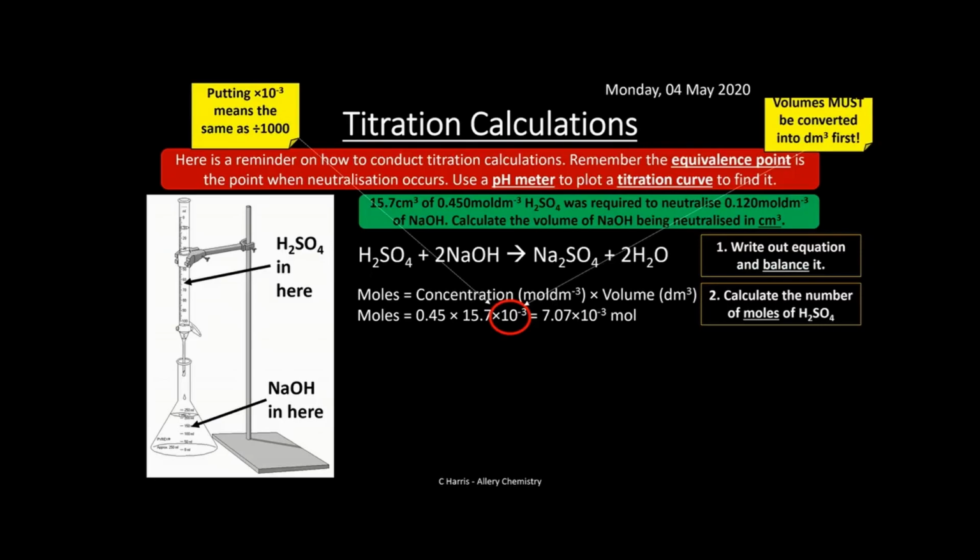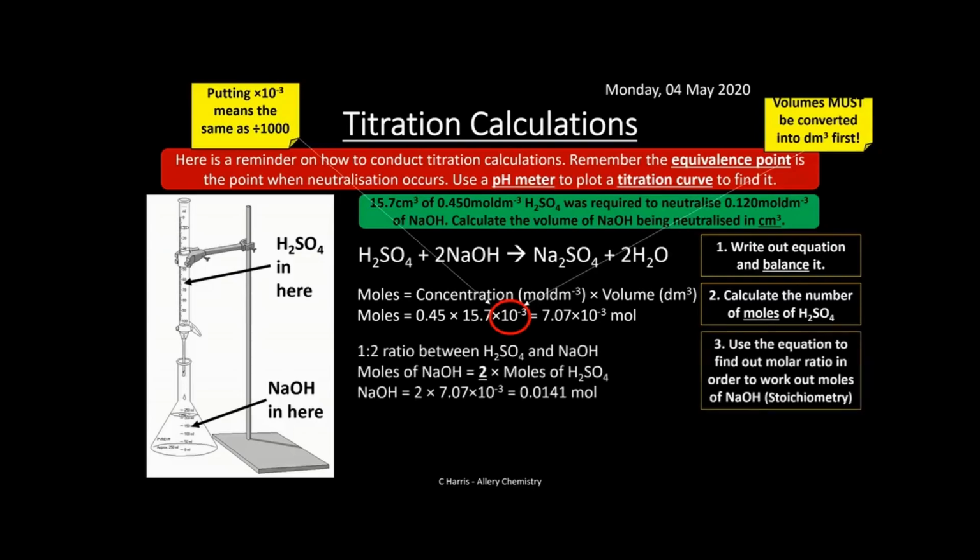You can just divide by 1,000 if you want. I find it easier to put times 10^-3 on the end of anything you want to divide by 1,000, because it just keeps it cleaner.